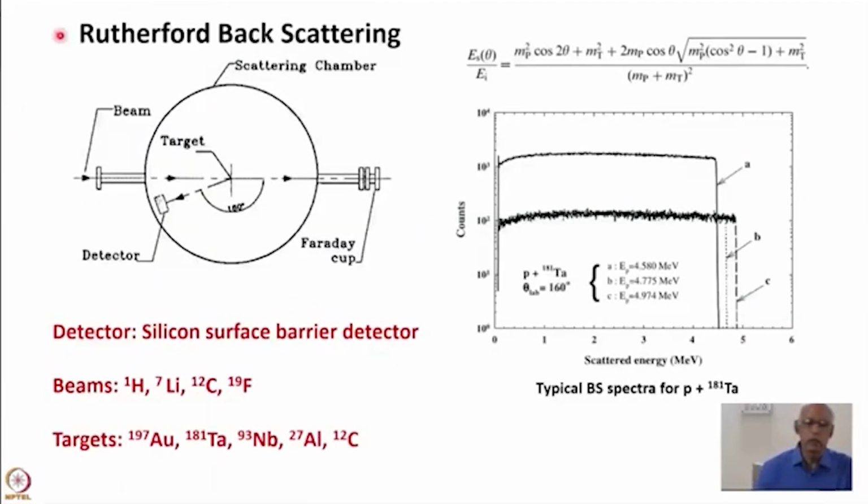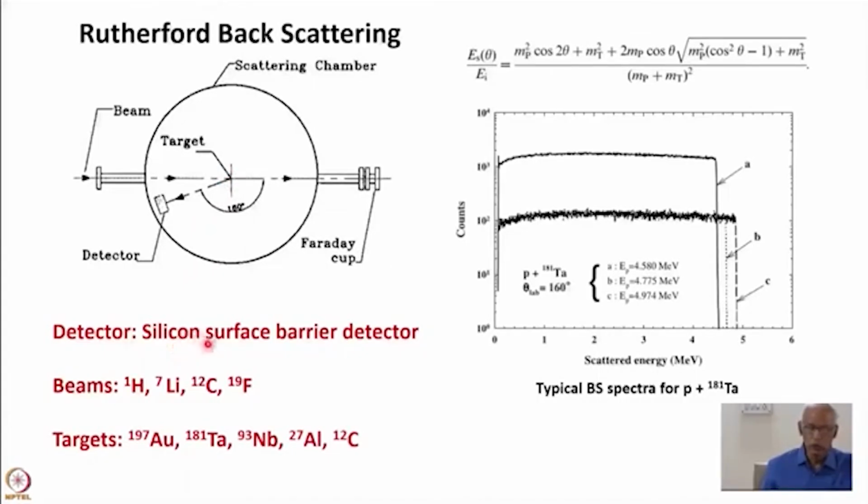So here we are doing the backscattering. I will give the example of the backscattering experiment to determine the K value in the case of OTR.